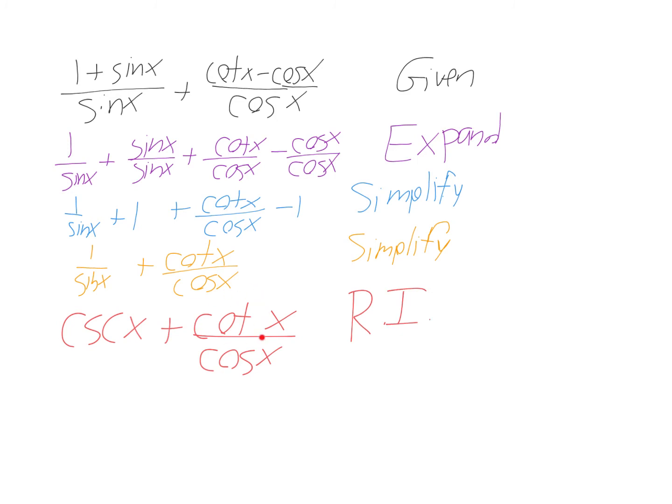Cotangent of x, I want to see if I can rewrite that in terms of cosine and sine. Well, I can. I still have my cosecant of x, still have my plus, still have my divided by cosine of x, but now I'm going to rewrite my cotangent of x using my quotient identity into cosine of x divided by sine of x.